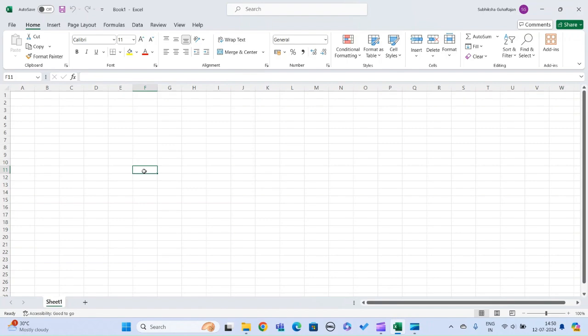Say for example, on 1st Jan 2021, I invest about 5,000. The only thing is, during calculation of this XIRR ratio, an outflow, you need to indicate with a minus sign as well.